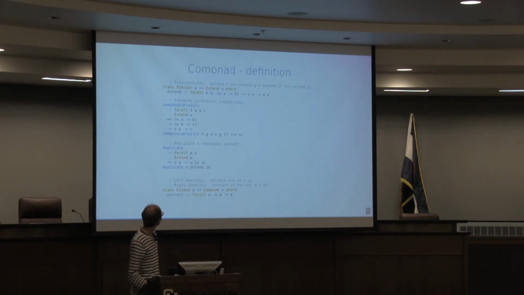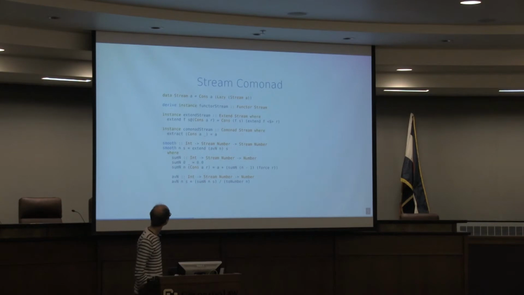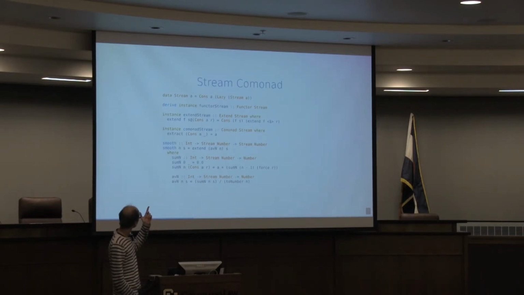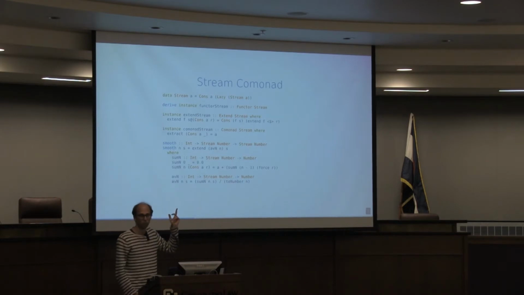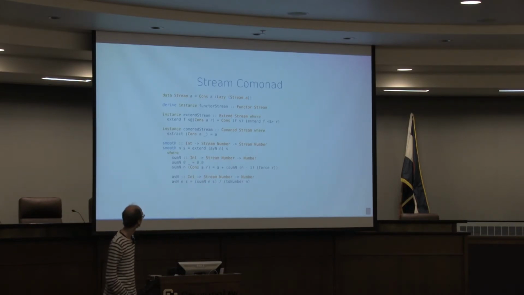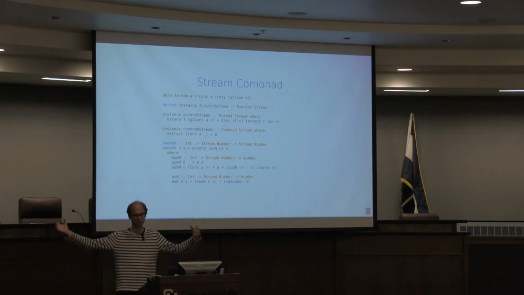And a very basic example is a stream Comonad. So the data type just has one constructor, cons, where you put a value a, and you have the tail, which here in PureScript we have to make lazy, because otherwise it would be just an infinite data structure.